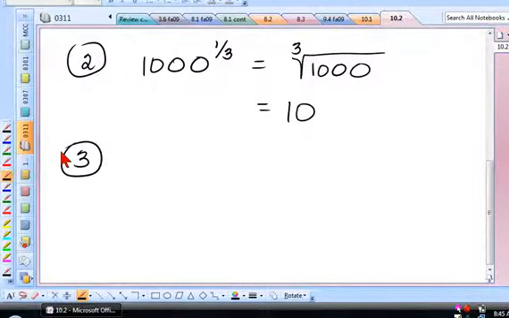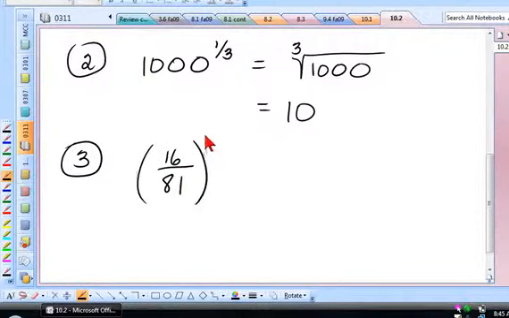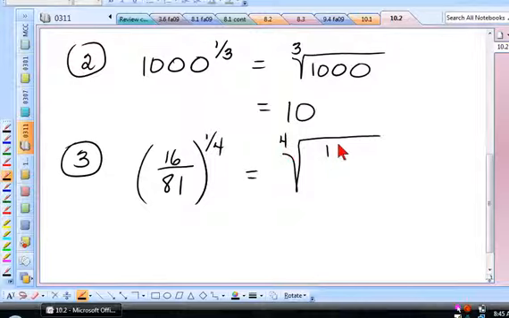Number 3. It has the fraction 16 over 81, and it wants us to raise it to the 1/4 power. Well, what does 1/4 mean? It means that it's 4th root. The 4th root of 16 over 81.